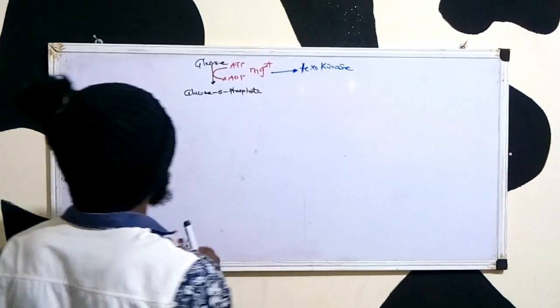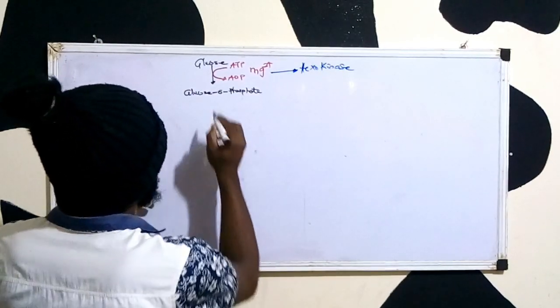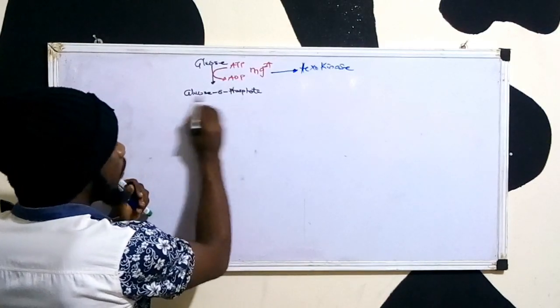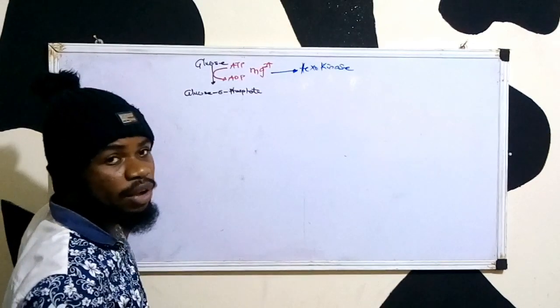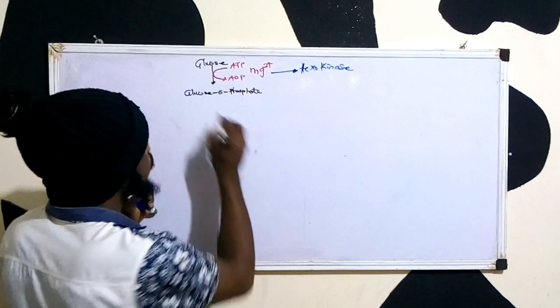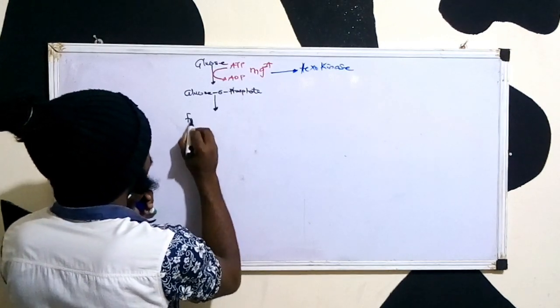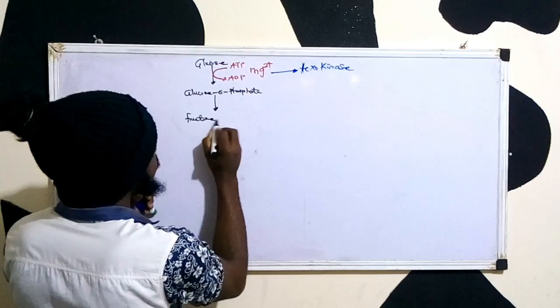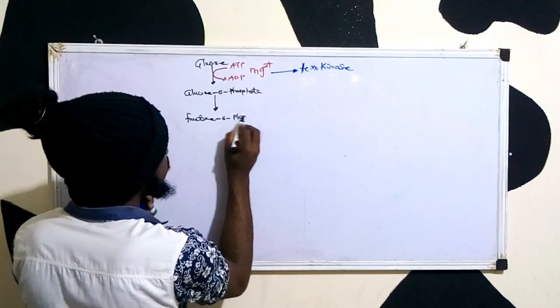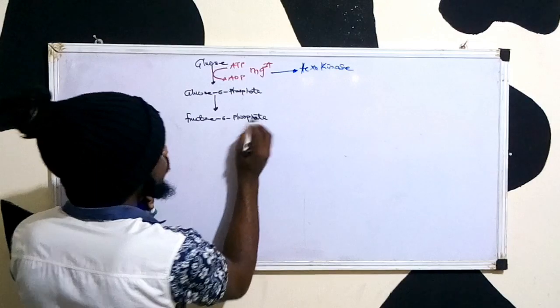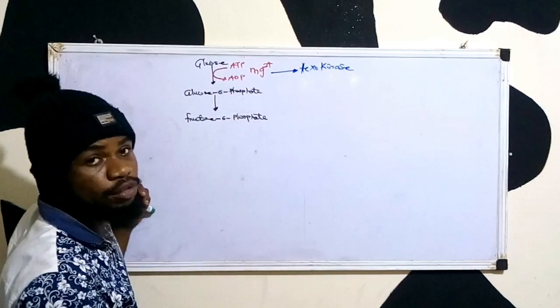All right, now this compound here undergoes isomerization to give us fructose 6 phosphate. So these two are isomers.